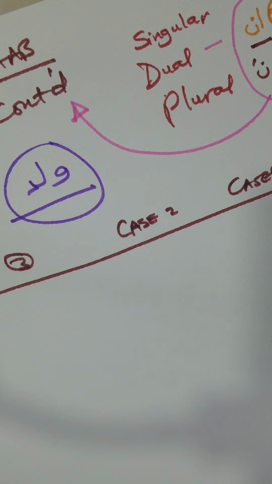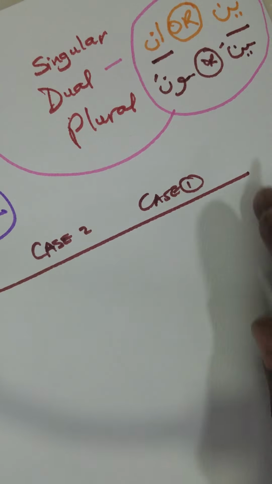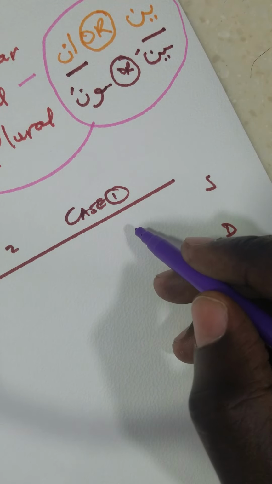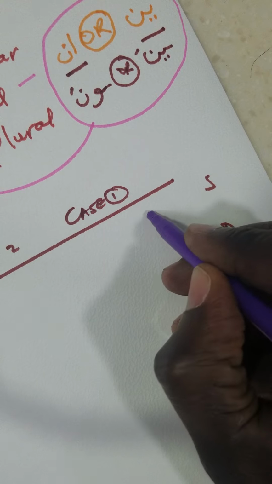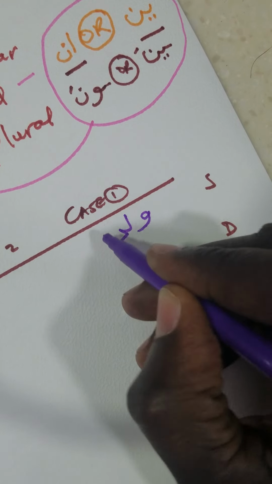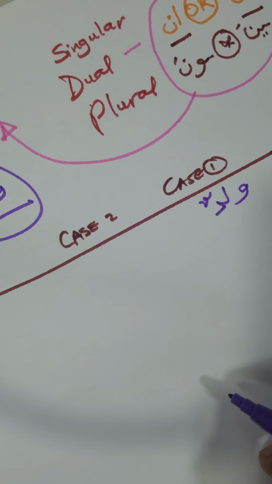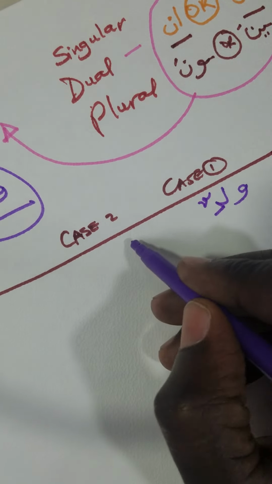It will either be waladun, waladan, or waladin. So now let's look at this one. The first case will be waladun. Second case will be waladan.